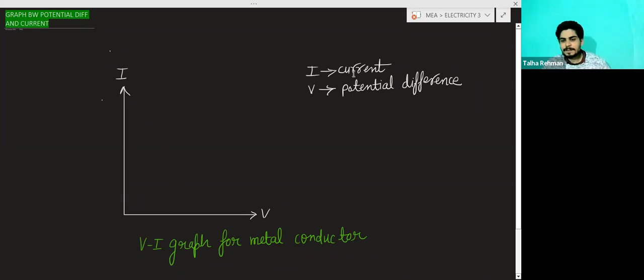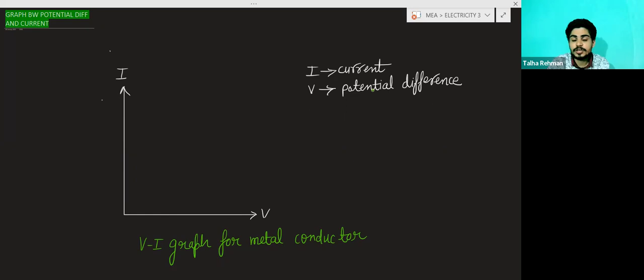I represents the current flowing in the conductor, and V is the potential difference across the ends of the wire, the ends of the conductor.